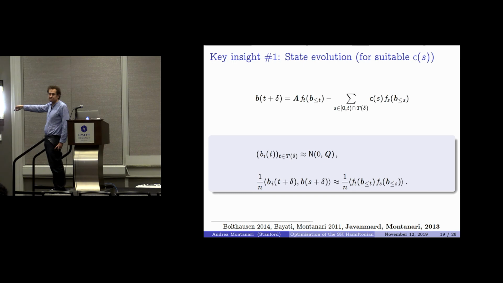This fact is kind of magic. It's not obvious because these vectors B are correlated with this matrix A. Both facts are not obvious because these two are correlated, but basically this term is eliminating the effect of all the correlation. So there is a general technology for analyzing this type of algorithm that we started calling approximate message passing.